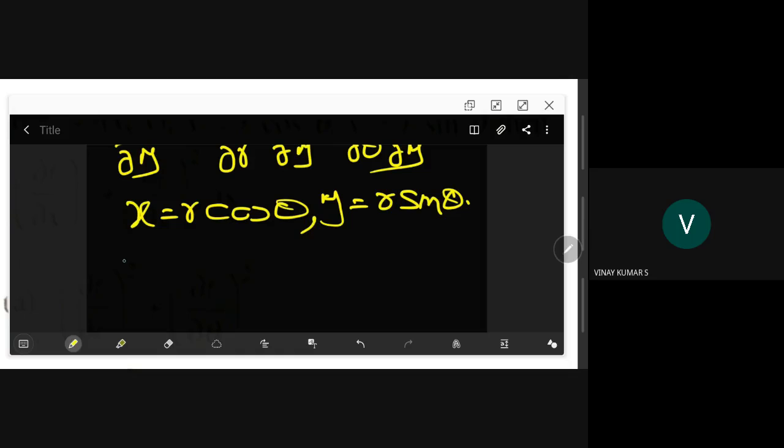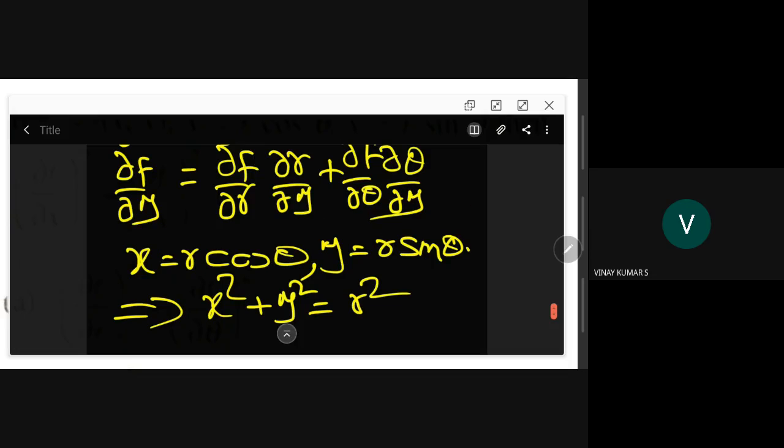Yeah, we can get all the answers in one stroke. This implies x square plus y square is equal to r square. So we have ∂r/∂x, ∂r/∂y we want.